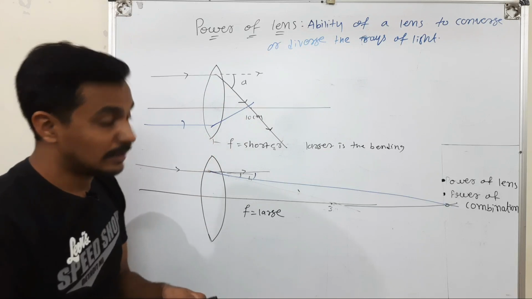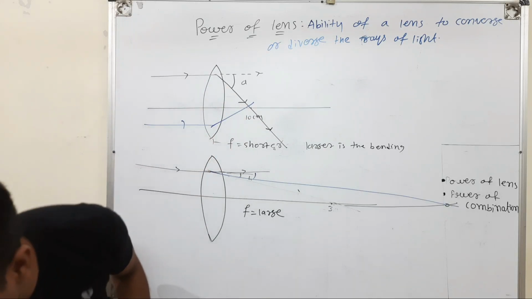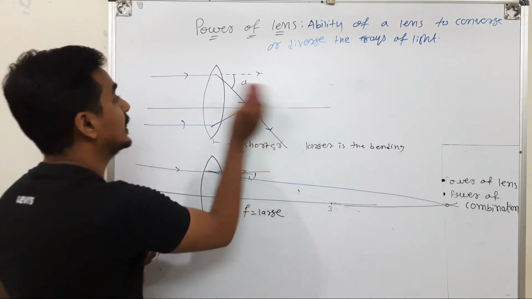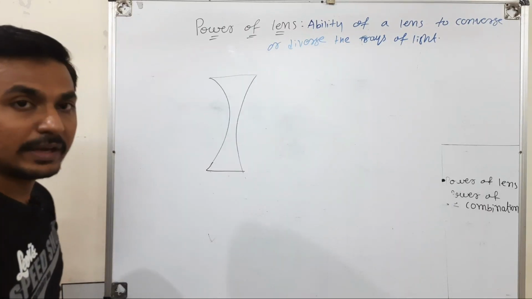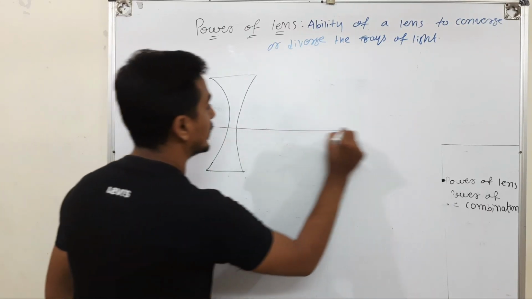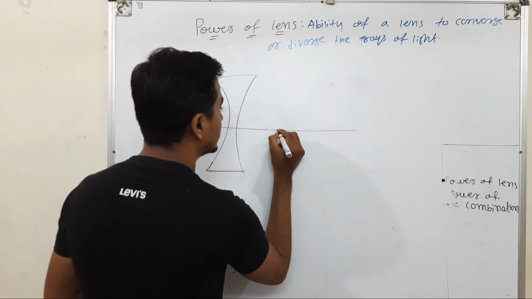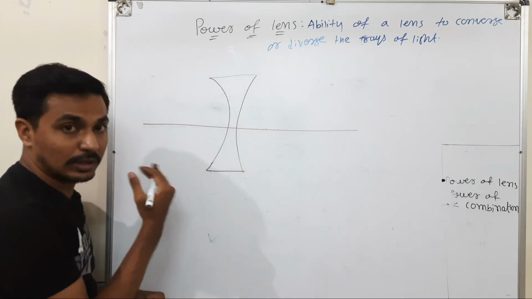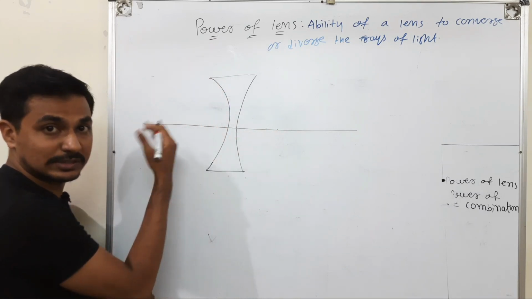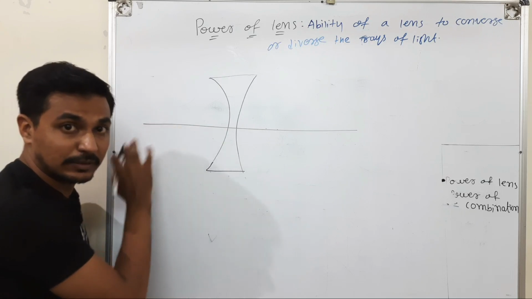Now let us understand the same example in the case of the concave lens. Suppose here we have a concave lens having a very small focal length. The focal length of the concave lens is towards the left, the principal focus.